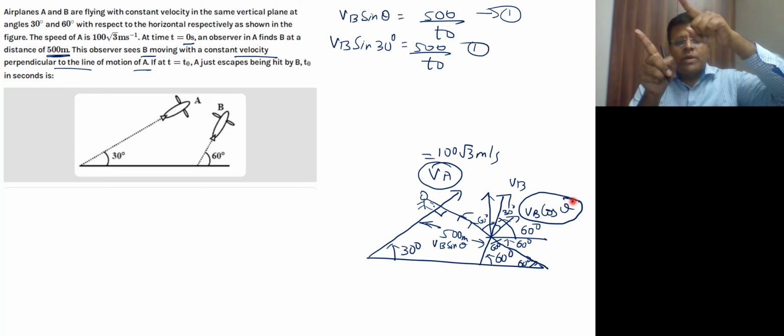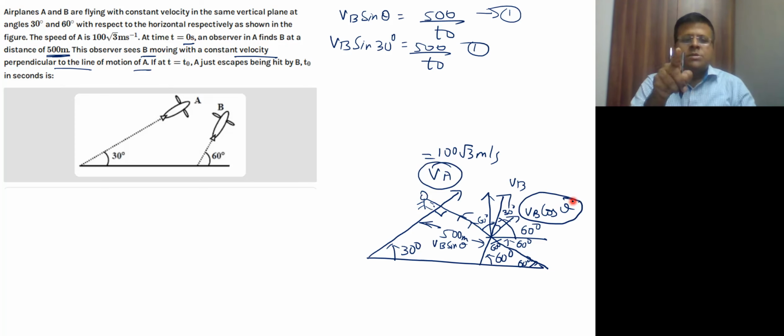So only when these two velocities are equal, it's possible that A will be seeing the plane coming perpendicular to the line of motion of A. Otherwise, it's not possible. There should be no relative motion parallel to itself.